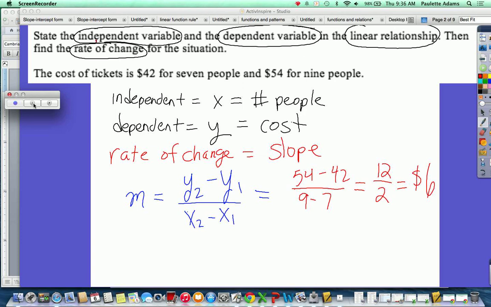So once we plug in the y's on top, the x's on the bottom, we get 12 over 2, which equals $6. Our slope is $6. Any questions?